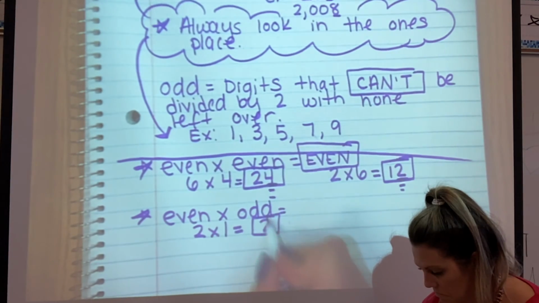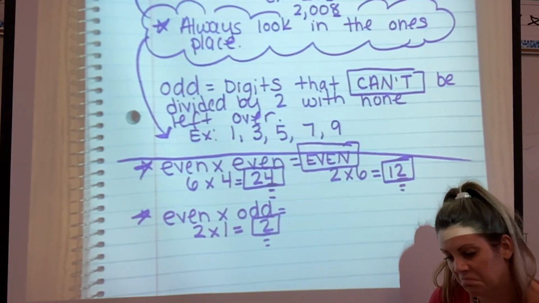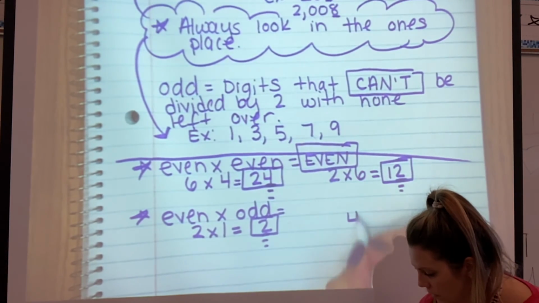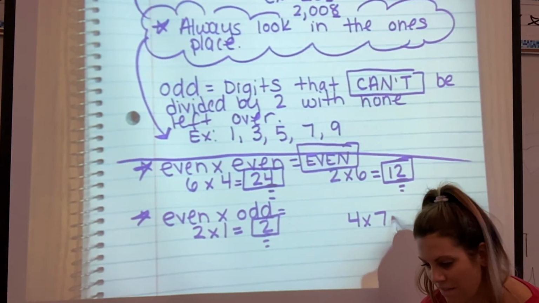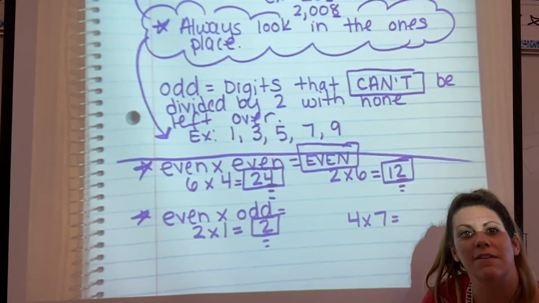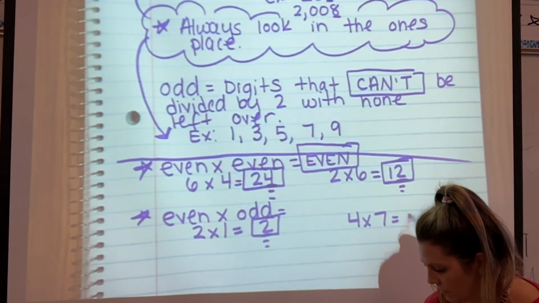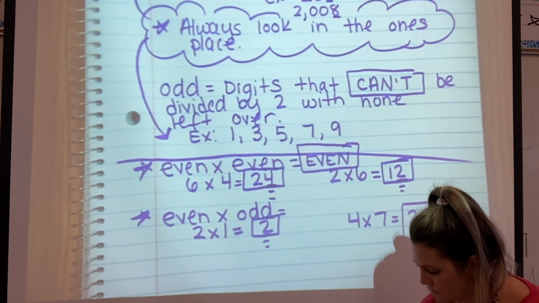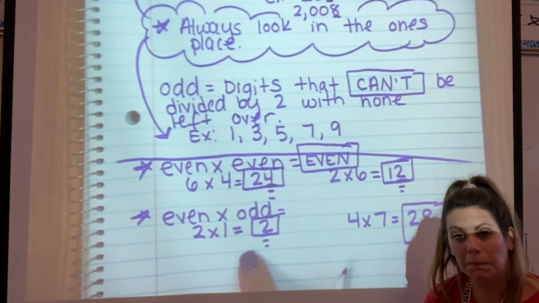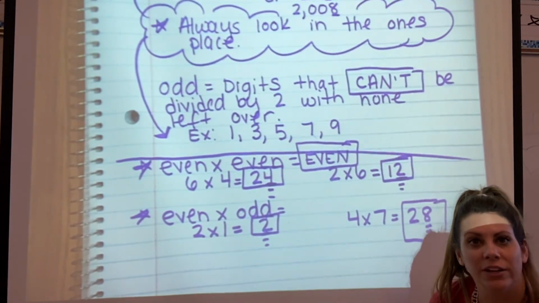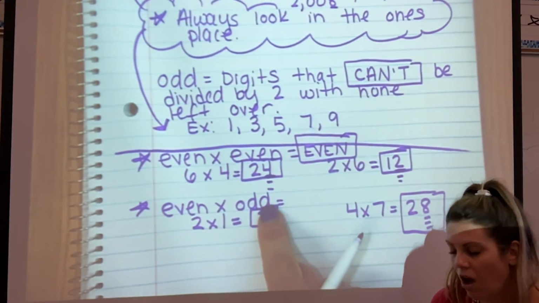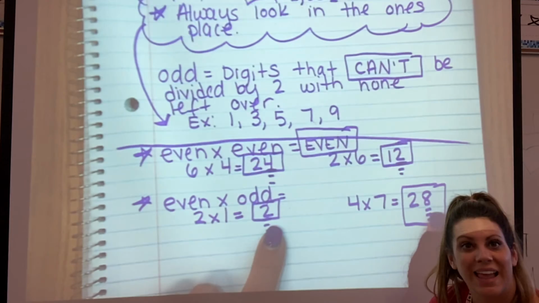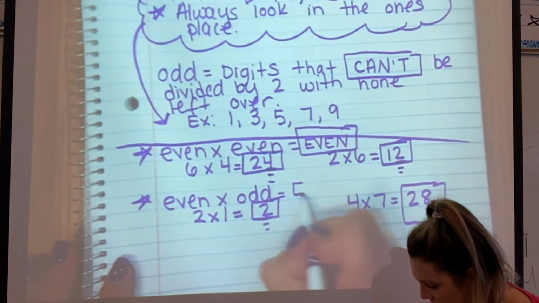Oh, 2's even. Let's do a bigger one. Let's do 4 times 7. What's 4 times 7? 28. Always looking in the ones place. Do you see the pattern here? Even times an odd is always going to equal an even number.